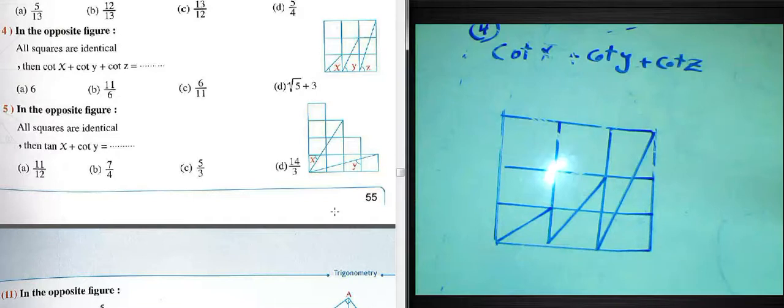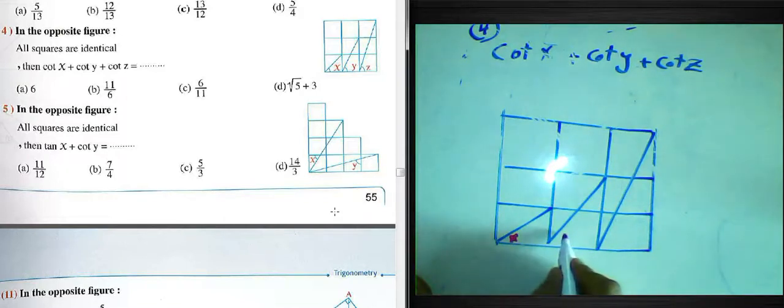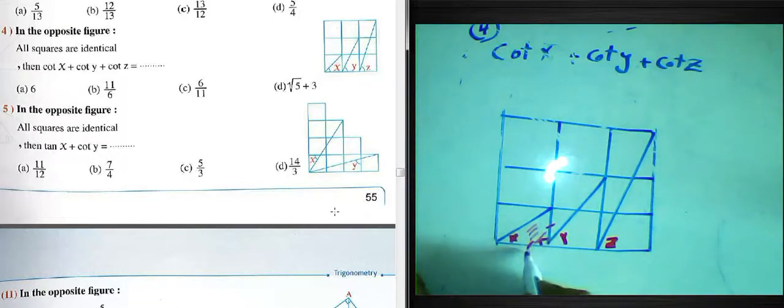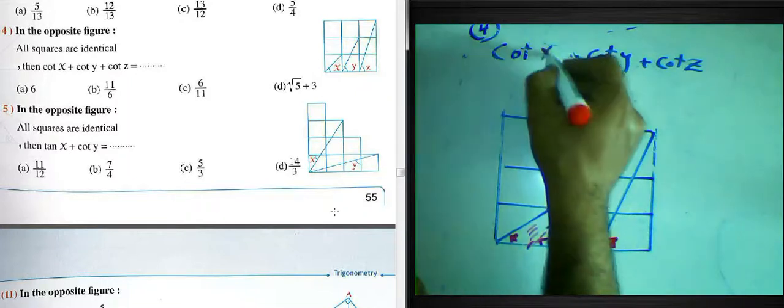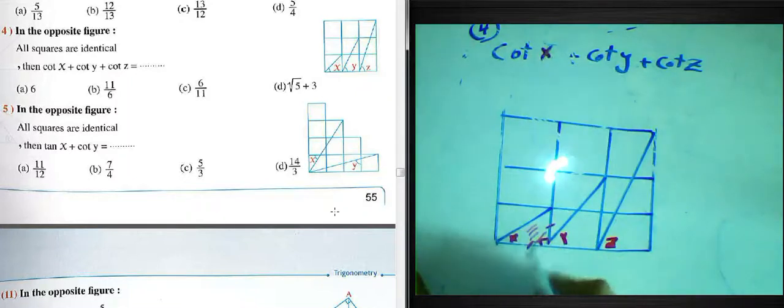This was x, and this y and this z. We know x is in a right angle triangle, an isosceles triangle, 1, and this length will be 1 because all sides in this square are congruent.